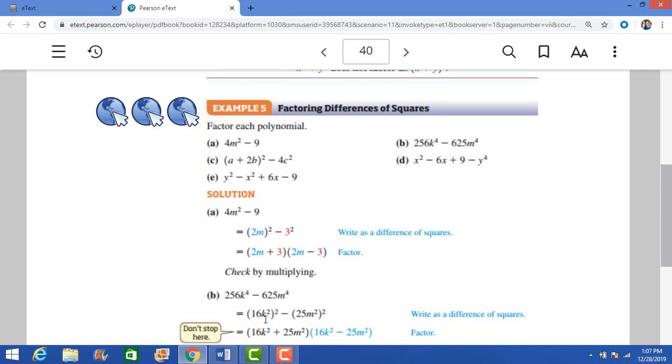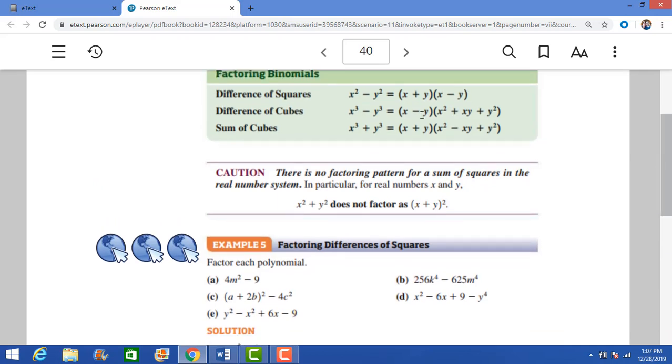Notice this is now my quote-unquote x variable. This is my y. So this is x squared minus y squared. So it's going to be x plus y times the quantity x minus y. Just like we did up here. As long as you know what your x and y are, you can factor it in here.